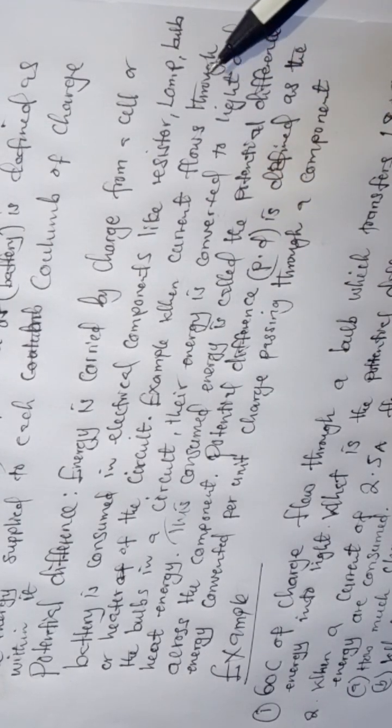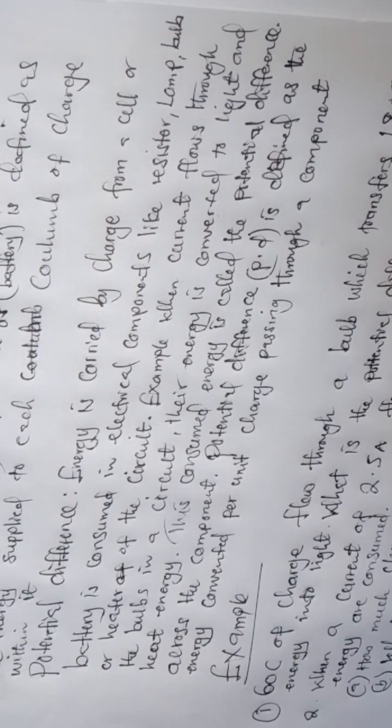So when that current flows in the bulbs, the energy is being converted to light energy and what? Heat energy. If you try to touch those bulbs, you can see that they are heating. There is light energy there and heat energy.